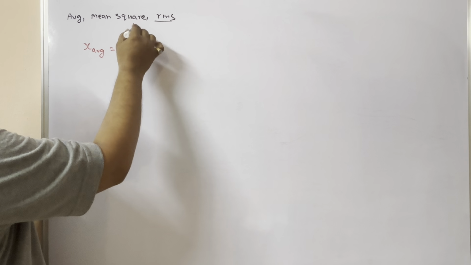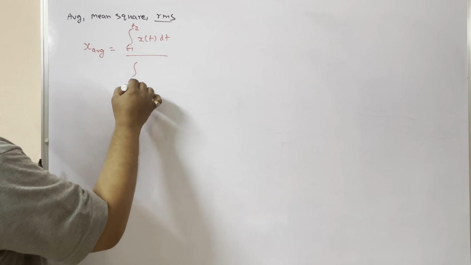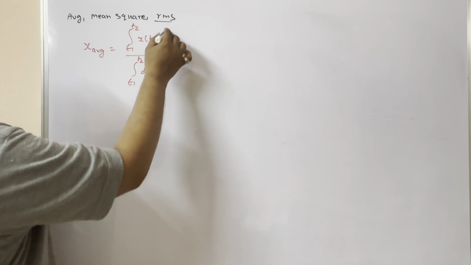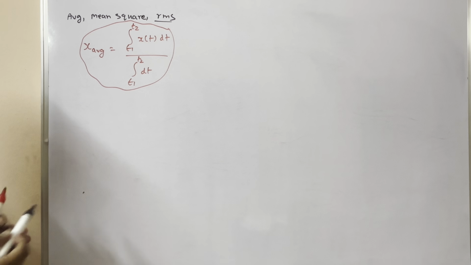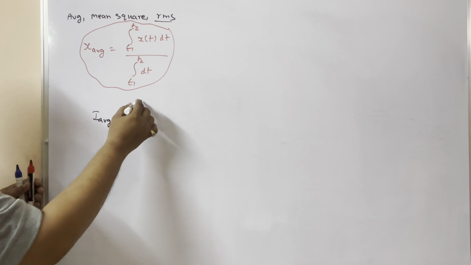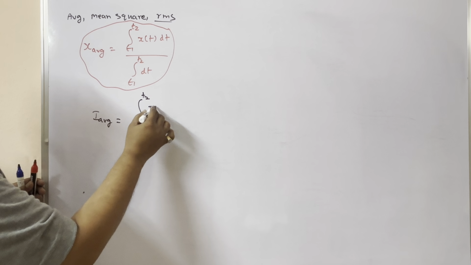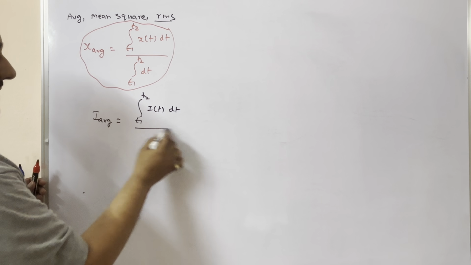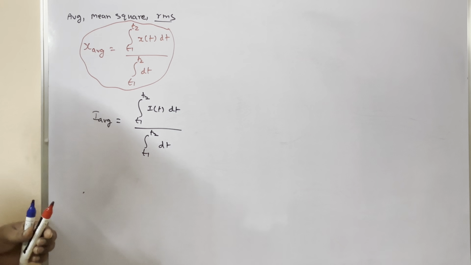Between the limits t1 to t2, it is the integral of x of t dt divided by the integral of dt from t1 to t2. This is the average value. For current, the average current between the limits t1 to t2 is the integral of I of t dt divided by the integral of dt between t1 to t2.